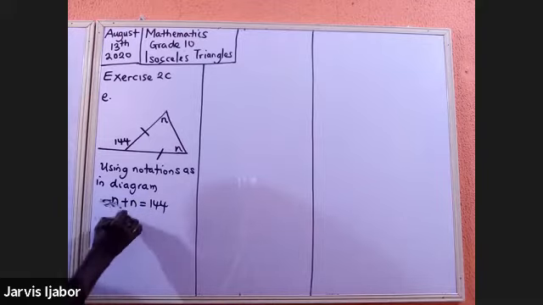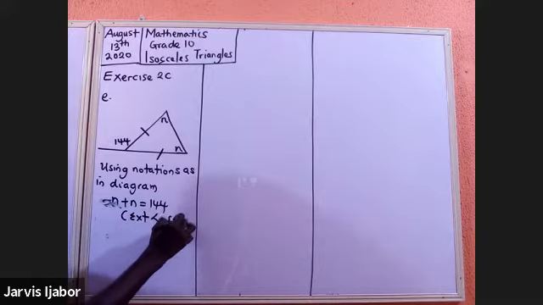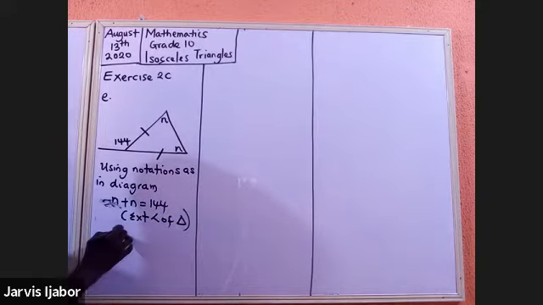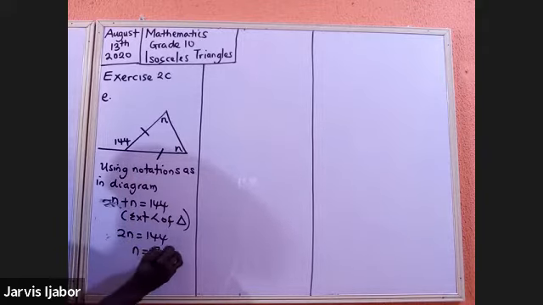What's the reason? Exterior angle of triangle. So 2n will be equal to 144, and n will essentially be equal to 72 degrees. So that settles that one.